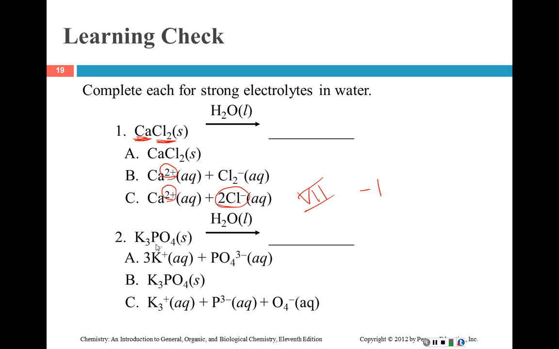Remember that PO4 is a polyatomic ion. You only have one of these, and that's going to require 3 potassiums. So if you know the potassium charge, then you can tell what the charge is on the phosphate. Put me on hold if you need to.